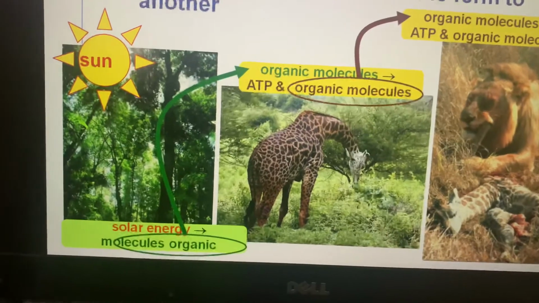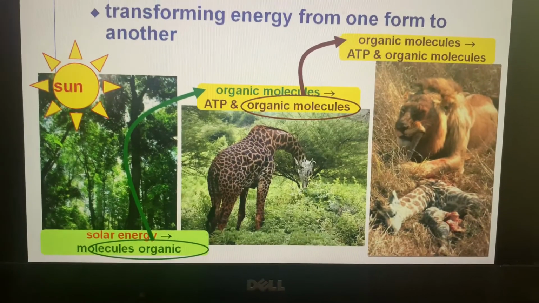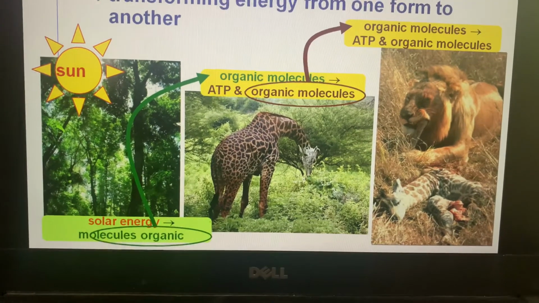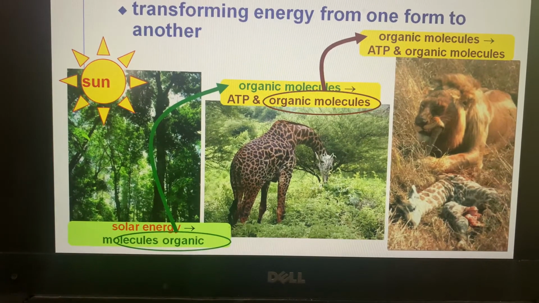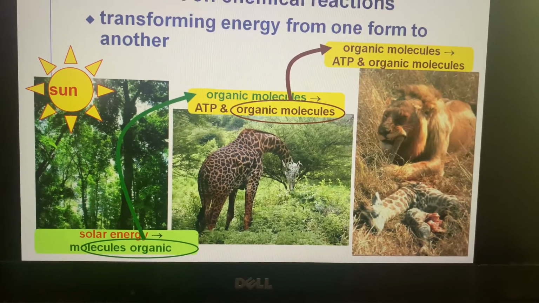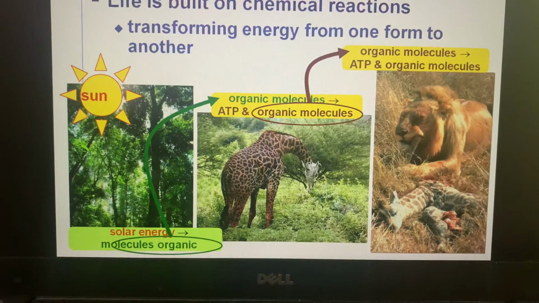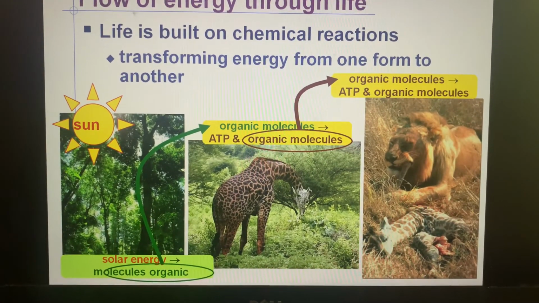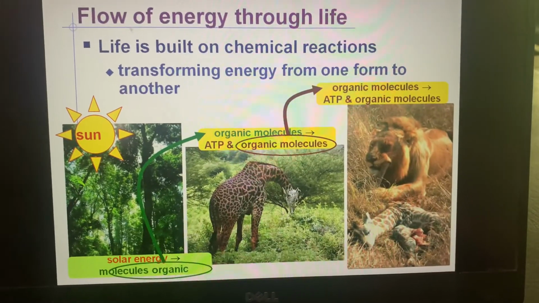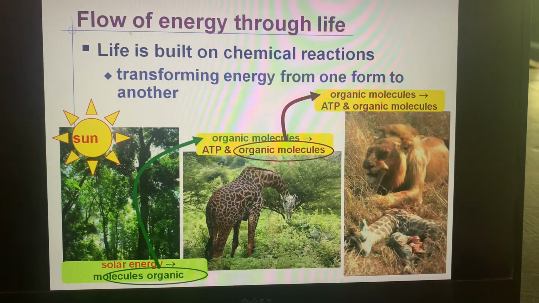The food is actually organic molecules, and these organic molecules are eaten by animals, and they produce ATP and various other organic molecules in different organisms. When they are eaten by the next level of organisms, they again produce energy in the form of ATP, and various other organic molecules are produced. So this kind of energy cycle, or food cycle, keeps on going on Earth.